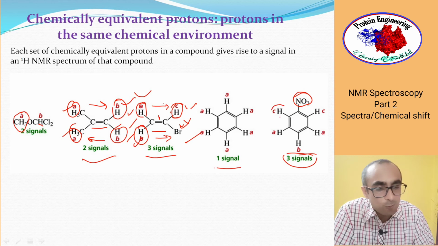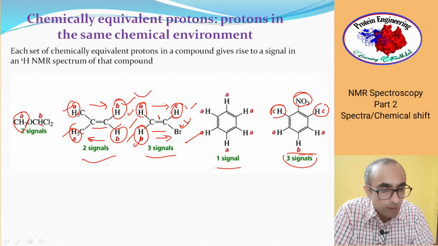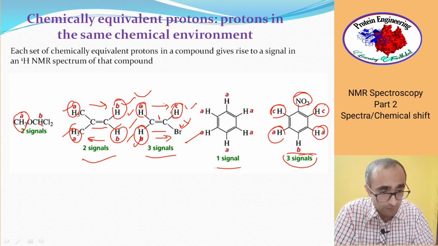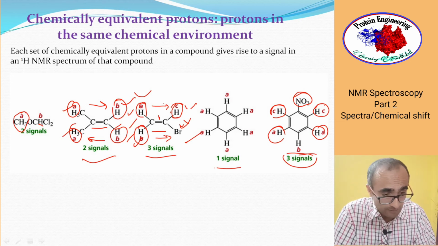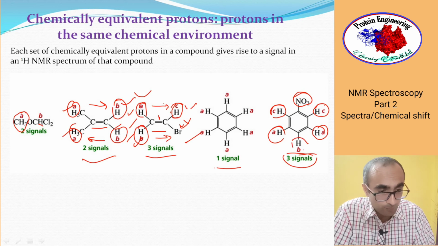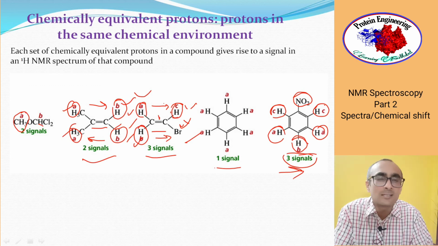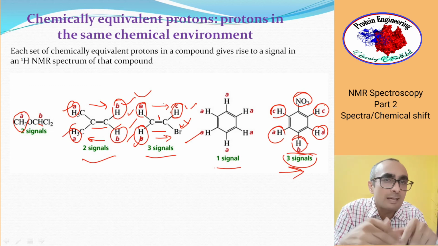Because on the ortho position you have two protons, they will give a single peak together. Then on the meta position you have two protons having the same environment, so another peak would be from them. And on the para position, at the symmetric position, you have this proton which gives an additional peak, so you get three signals. In fact, three signals are observed when the benzene ring has any derivative group attached to it.